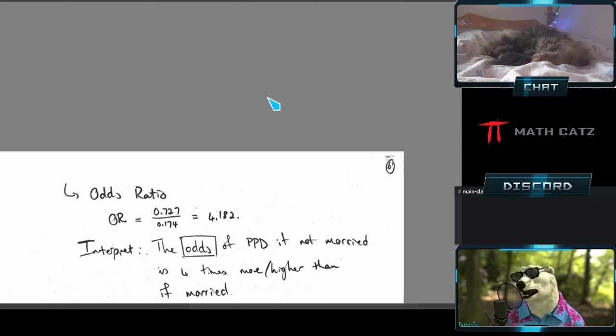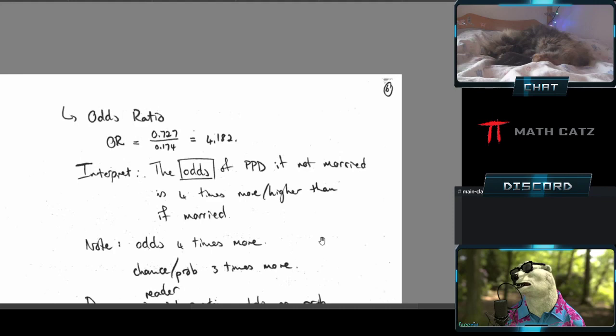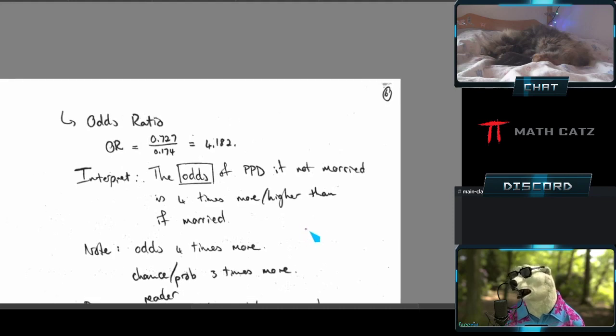Just like relative risk was the ratio of probabilities, ratio of percentages, the odds ratio is the ratio of odds. So there is a difference in the number itself: the odds ratio says four times more, the relative risk says three times more.